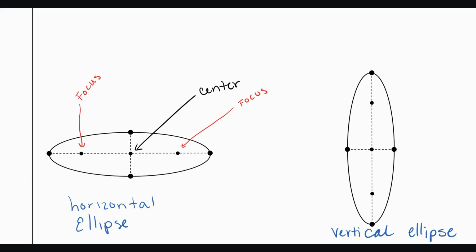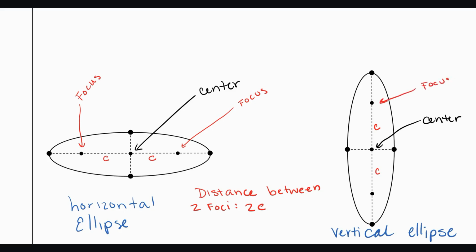The distance between the center and a focus is C. Another thing you could say is that the distance between the two foci is 2 times C. So this is C and this is C, because this is our center, and this is a focus, and this is a focus.